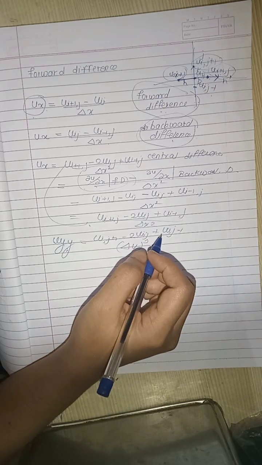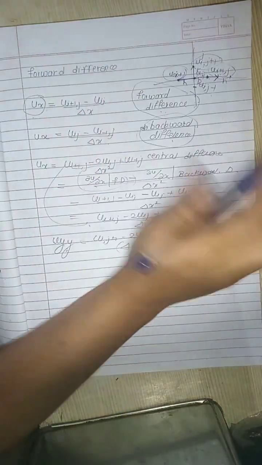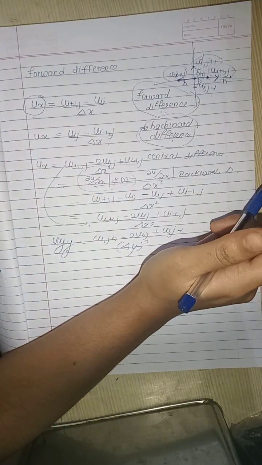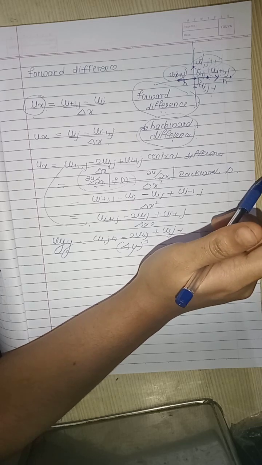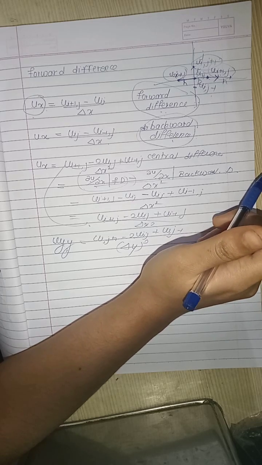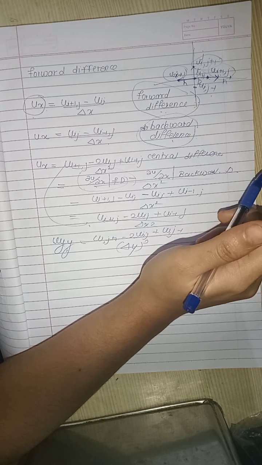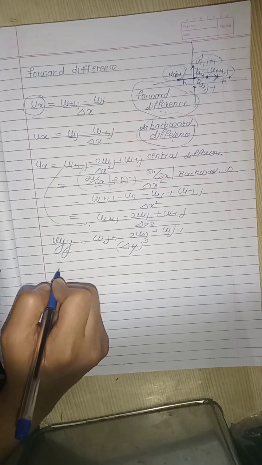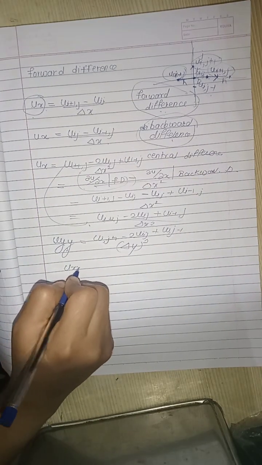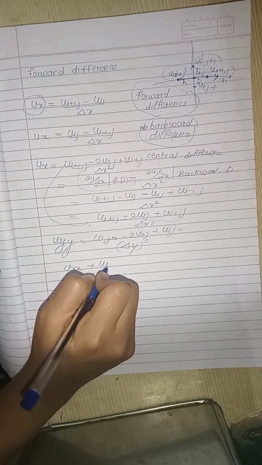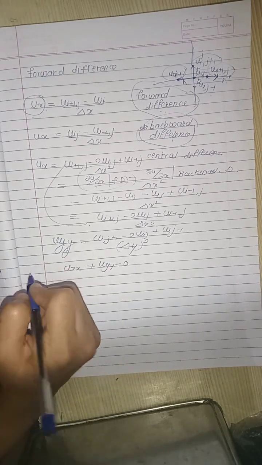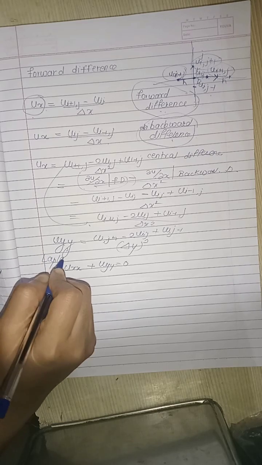Okay, so that was for u_yy. You can find it for u_y using forward difference, backward difference and central difference. Now we had a Laplace equation. The Laplace equation was given by u_xx + u_yy = 0.